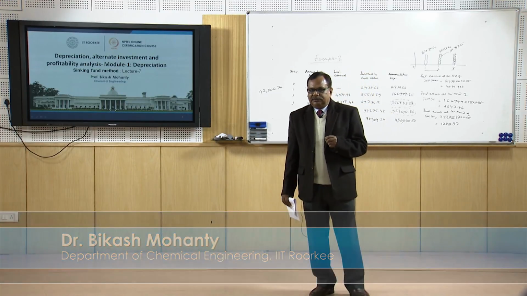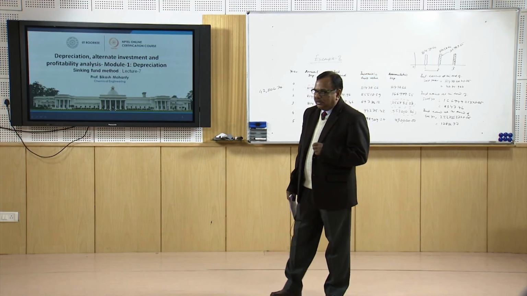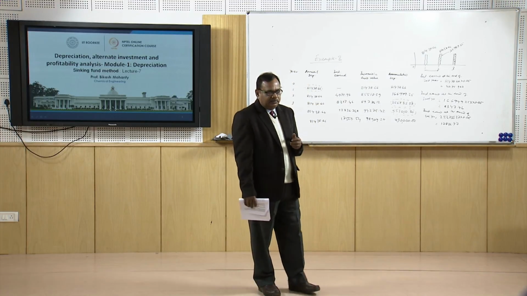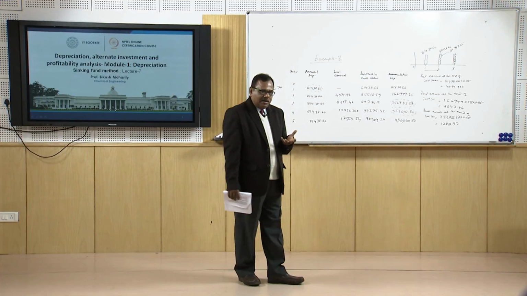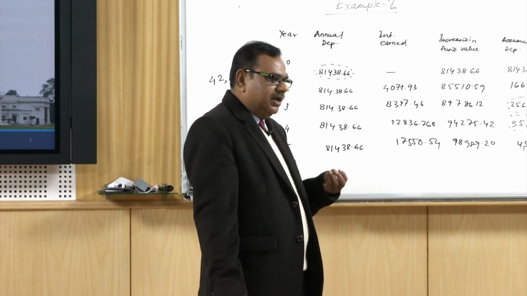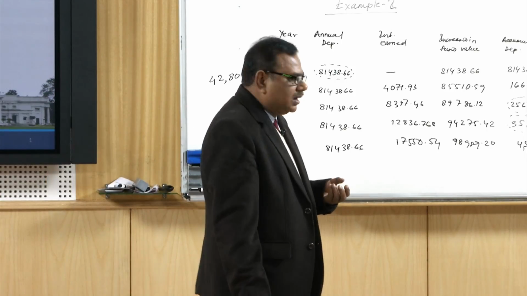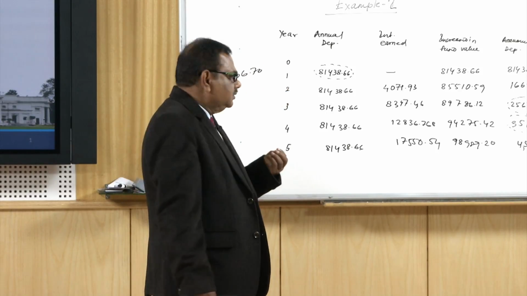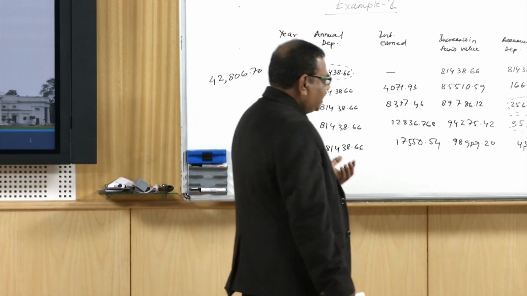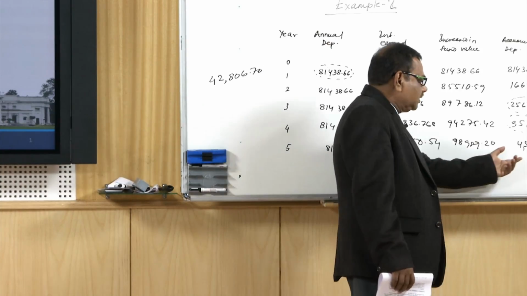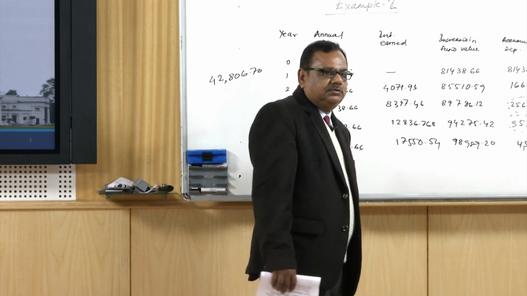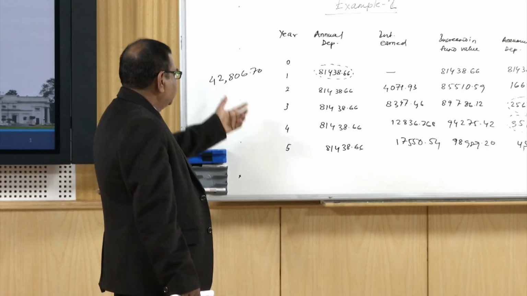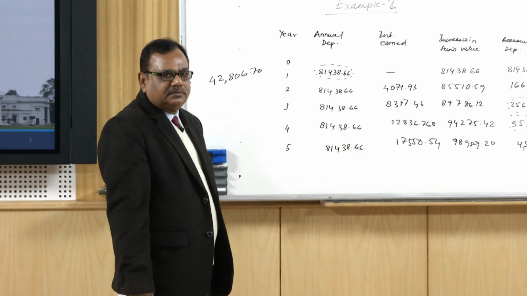The sinking fund method has a special characteristic that it is based on the time value of money, and that is why the depreciable amount accumulated at the end of the service life contains a heavy component of interest, as in this case the 4,50,000 rupees, which is the depreciable amount, contains an interest of 42,806.76. Thank you.